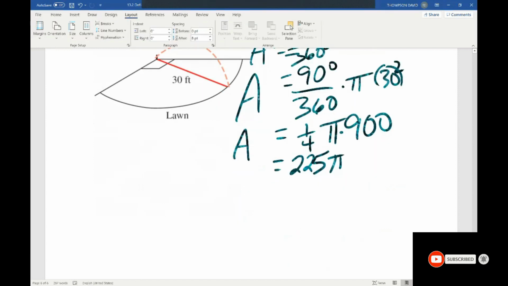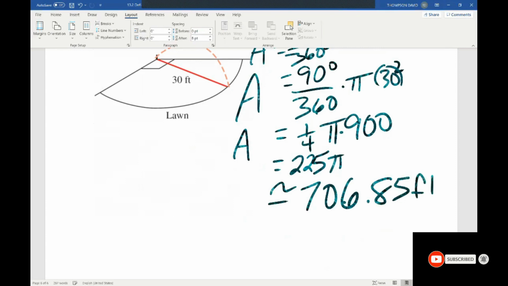And we have the area of the sector to be approximately 706.85 feet squared. And we are done with the area of the sector and the arc length problems.